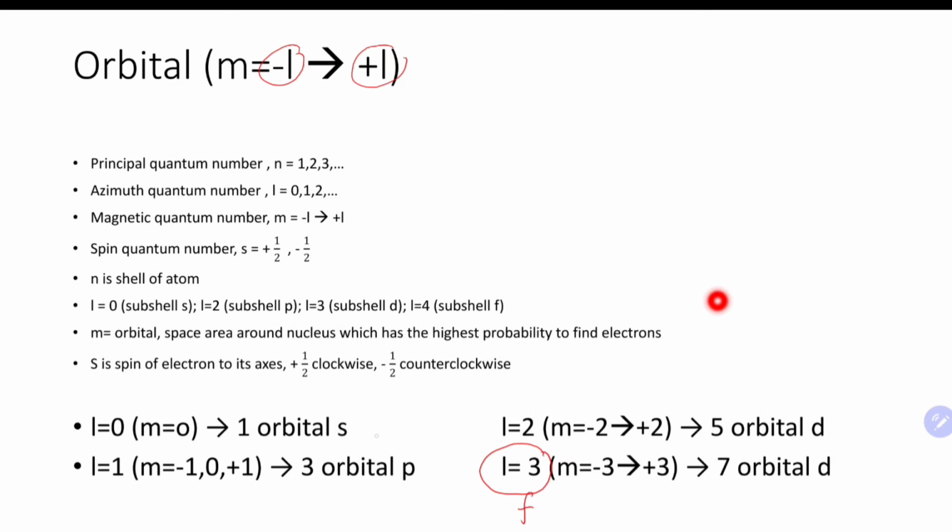This one is subshell s, l1 is subshell p, l2 is subshell d, l3 is subshell f, then the magnetic quantum number is minus 3 until plus 3. So there are 7 orbitals in the f subshell.